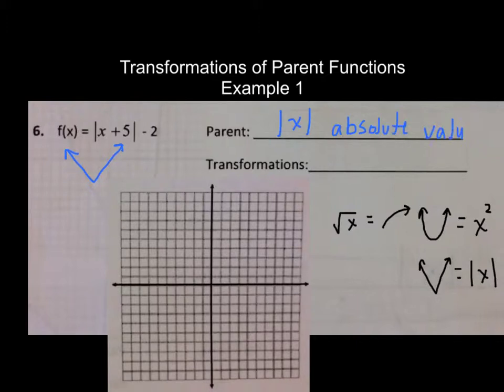Now, here's the deal for transformations. Right now, I think you're just moving on what's called a vertical shift, like moving something up and down, and a phase shift, or a horizontal shift, which is left and right. So that's all these numbers here do.